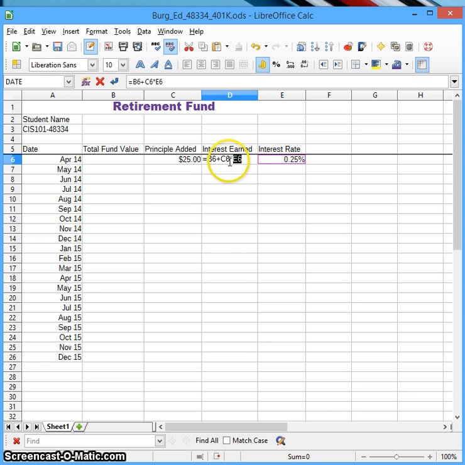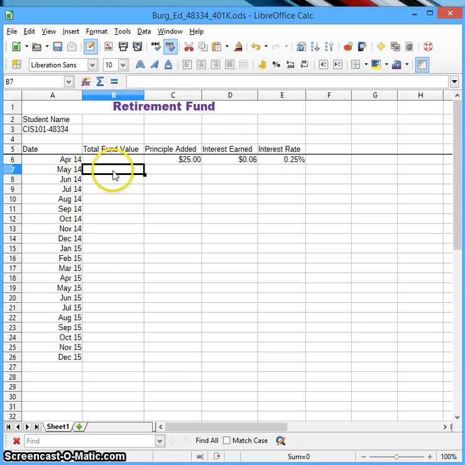Some of you that have had math might have recognized that's not going to work right. If we do that, it might look right, but it won't work right in other months. What we need to do is do the math before the multiplication. So we need to include the math in parentheses to do that first. Now again, it looks the same here, 0.06, but it won't once we have other values started.